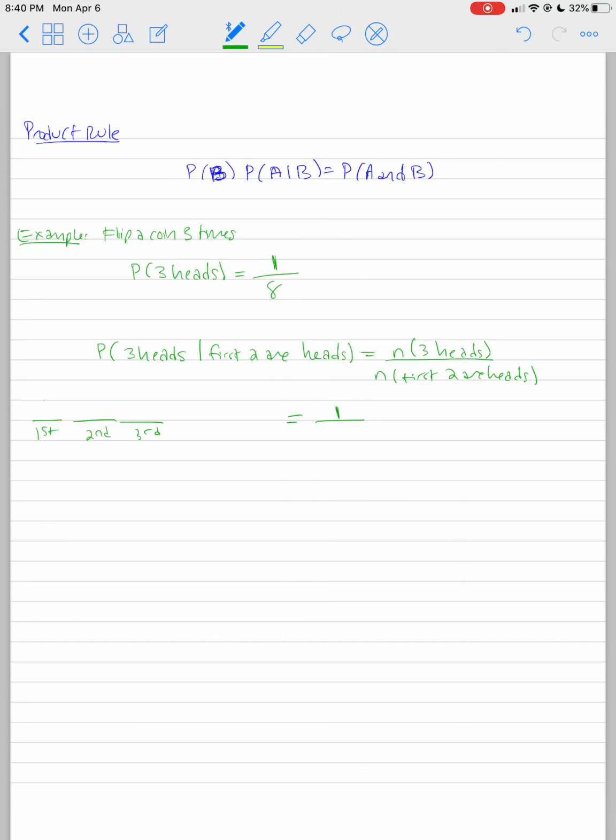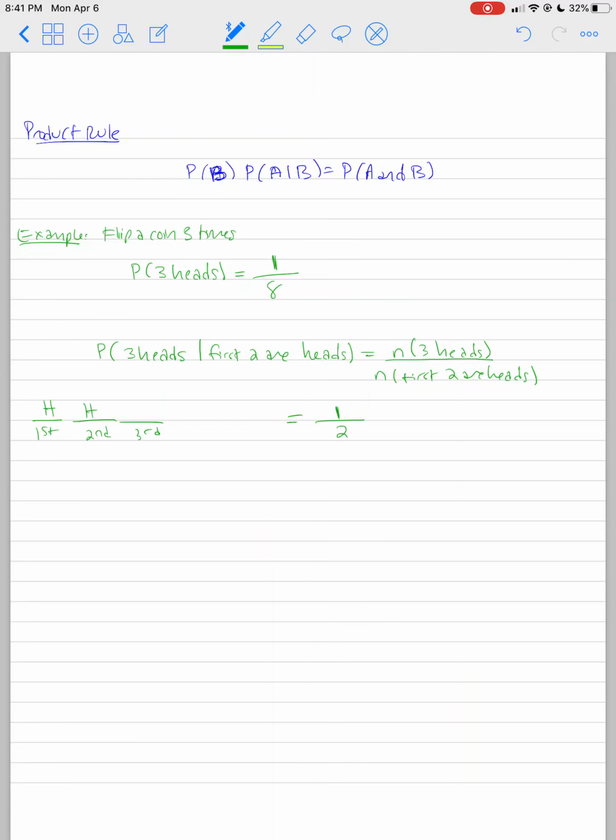Only I know the results of the first 2. They must be heads. So how many ways are there to complete this little diagram? That turns into how many ways are there to flip the coin for the third flip? And the answer is 2. Always remember that in that denominator, you still have to satisfy the overall experiment.